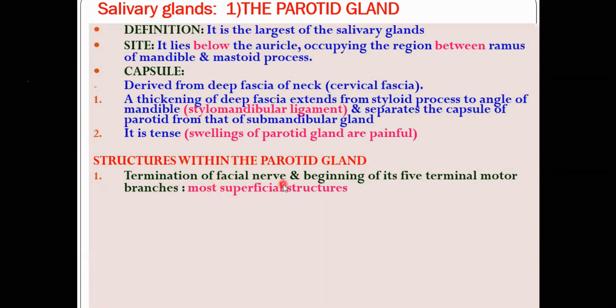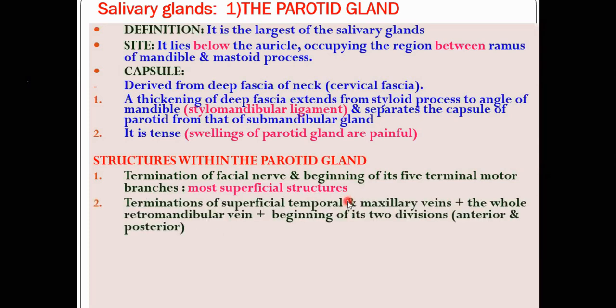Termination of the facial nerve, the beginning of the 5 terminal motor branches of the facial nerve, the most superficial structure in this gland. So whenever there is a swelling, compression of this nerve can cause painful face structures, or sometimes paralysis or difficulty in the movement of the facial muscle expressions.